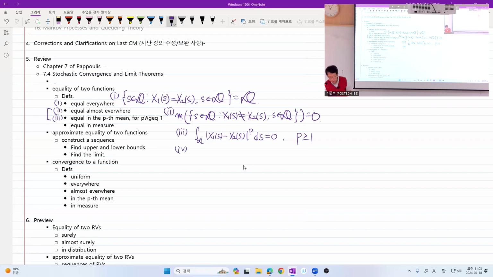And the last one is equal in measure. What does that mean? You again have the measure. You measure the size of a set, and this set is very similar to what we're handling, but it is slightly different. We are not just considering equal or not. We give some margin on the difference.